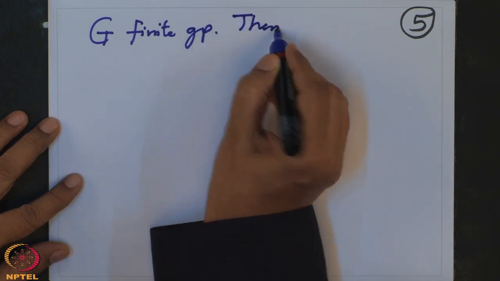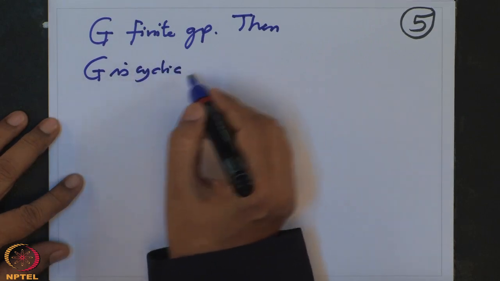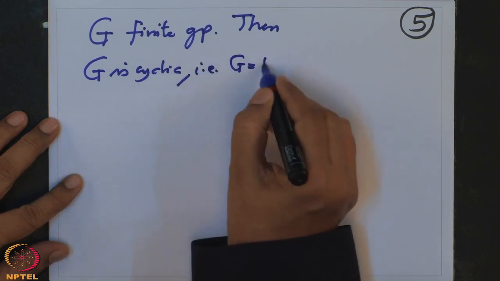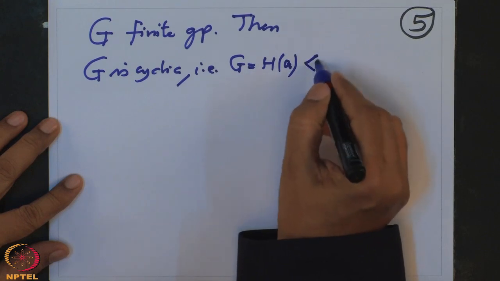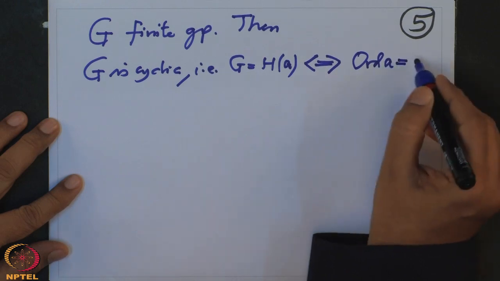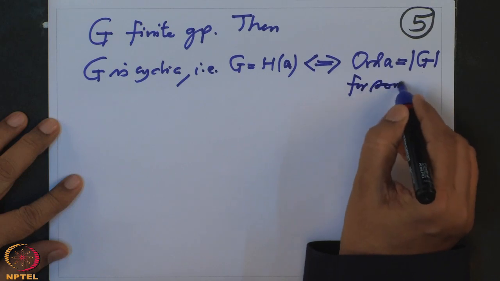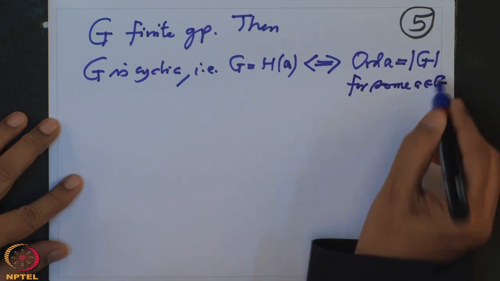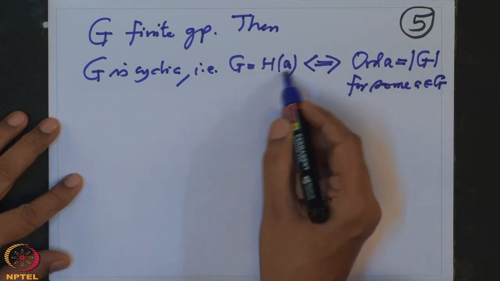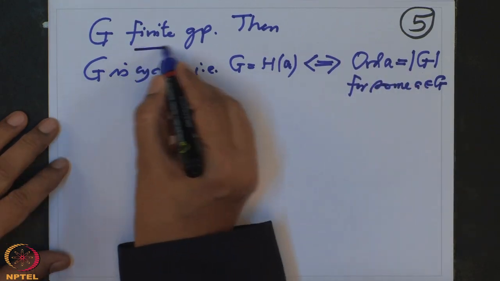Then G is cyclic, that means G equals H of A, if and only if the order of A equals the cardinality of G for some A. And that A will be a primitive element, because the order by definition is the cardinality of this subgroup, and therefore it is clear. So, that is in the case of a finite group.